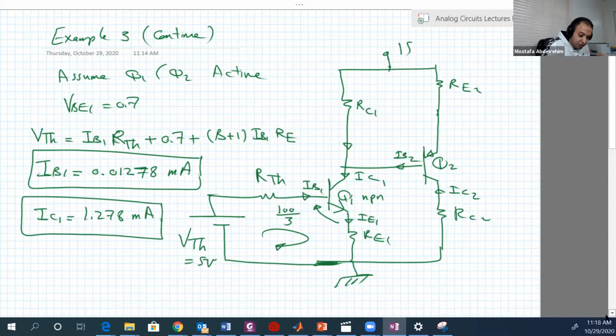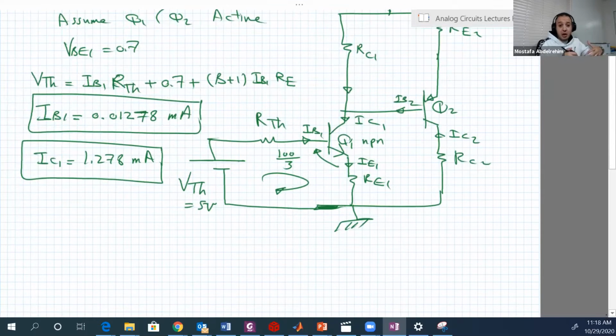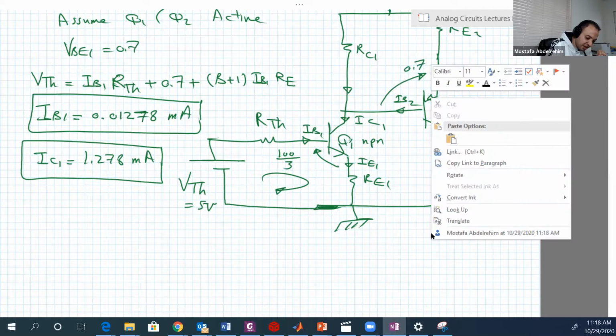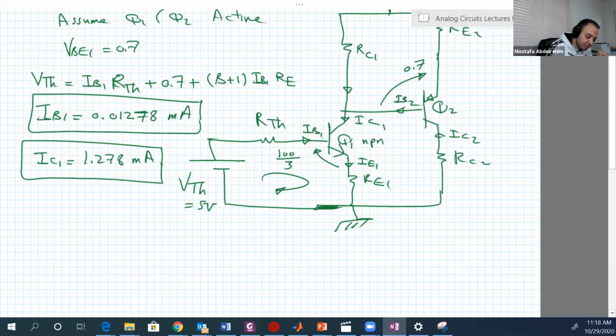Okay. Now for the second transistor. We determined the current of the first transistor. Now we want to determine the currents of the second transistor. Remember that Q2 is also assumed active, so VEB is 0.7. Remember the emitter is here, not down, it's up.